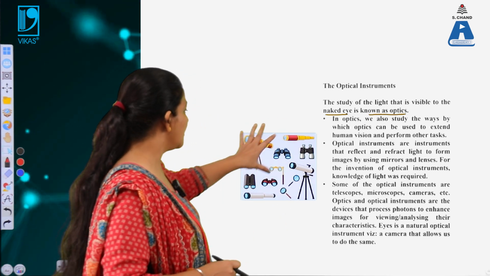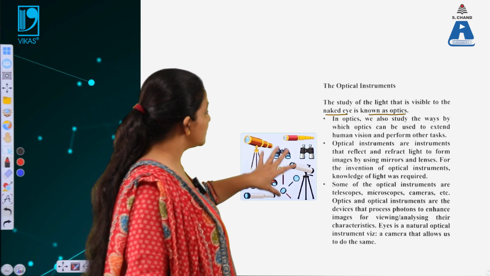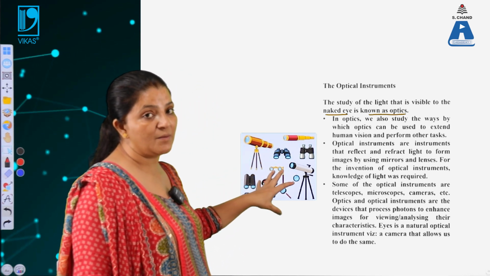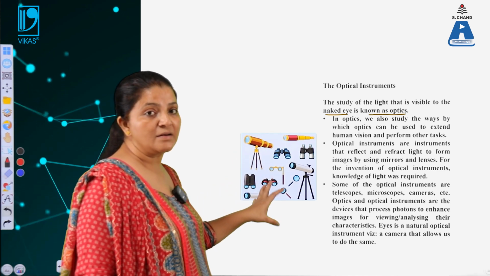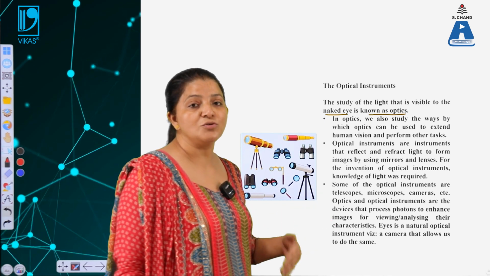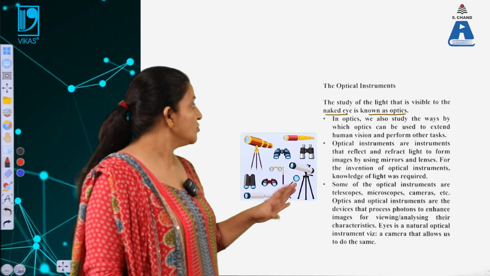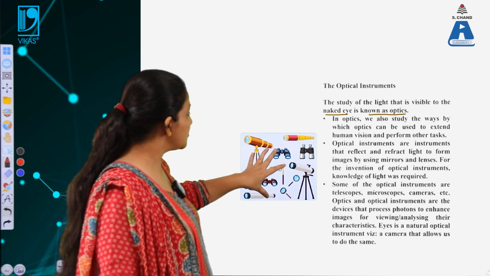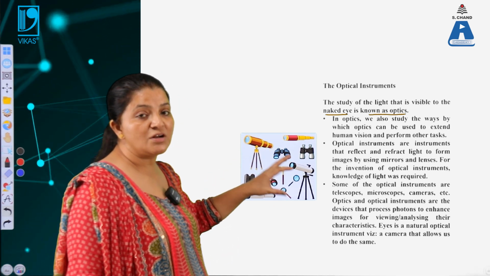So these are the different optical instruments which are formed by using the different optics behind them: the use of eyes, use of lenses, and also use of magnifying glasses.